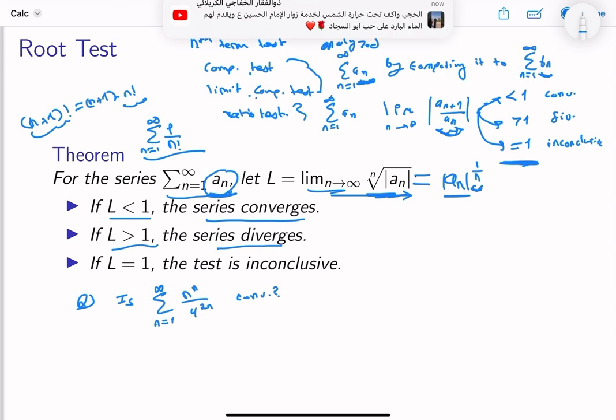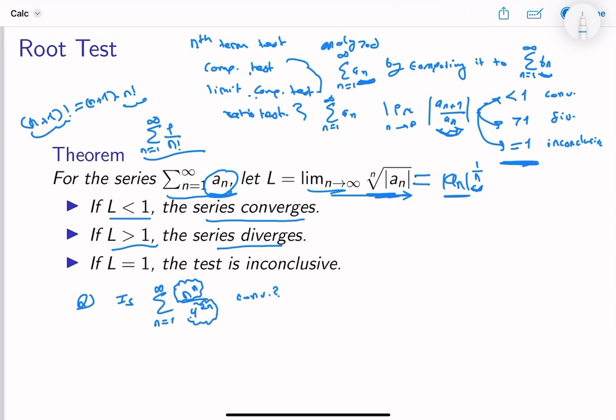Well, if you look at this series, it looks like it's very much not convergent, because n to the n grows very badly, while this still grows exponentially, still grows fast.